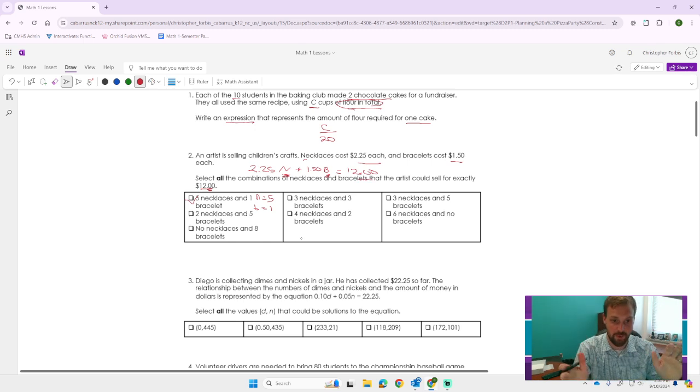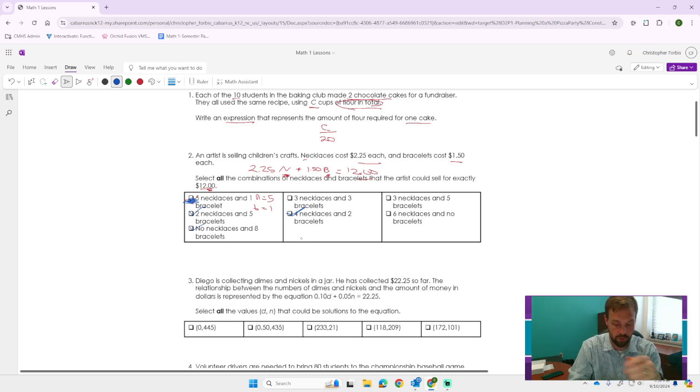I'm not going to write all those out, but I will tell you which ones work. I'm getting that the second one, and not this one, so don't think that one, but the second one, the third one, and this one right here are the only 3 that work. Meaning, for the first one, if I plug in 2 necklaces and 5 bracelets, I get $12.